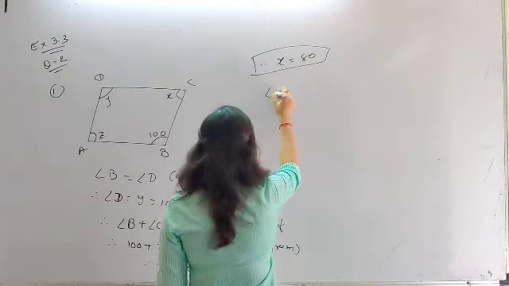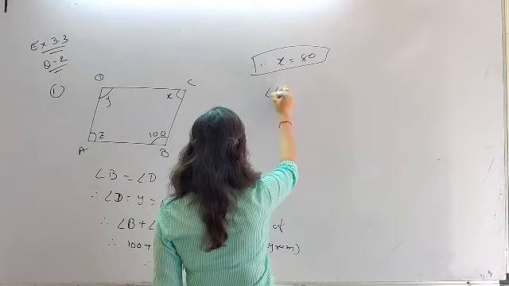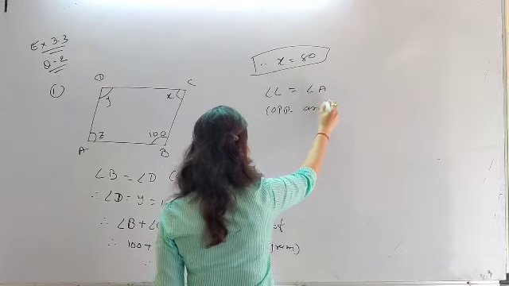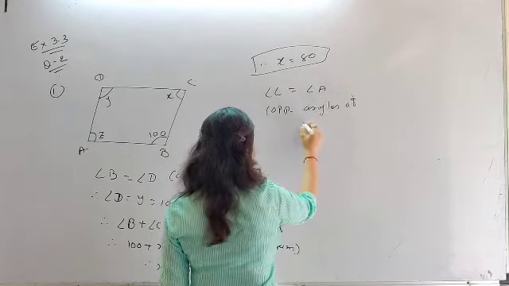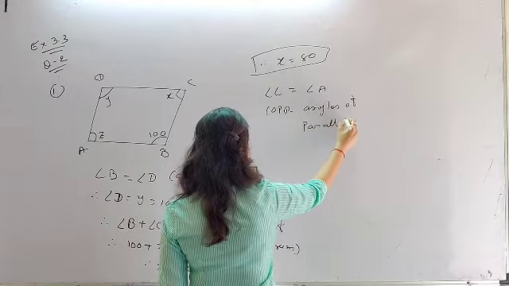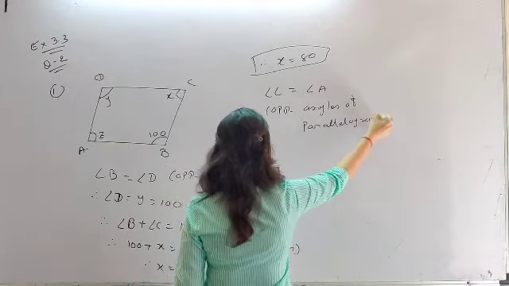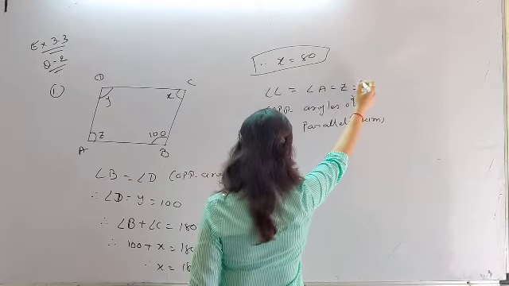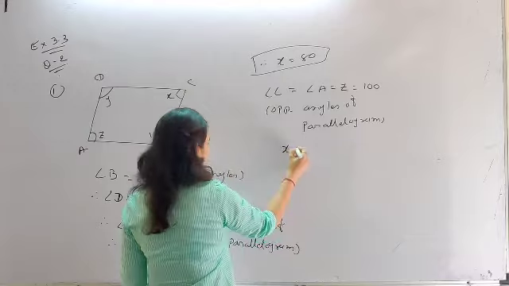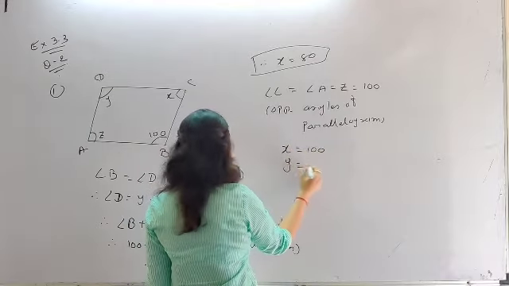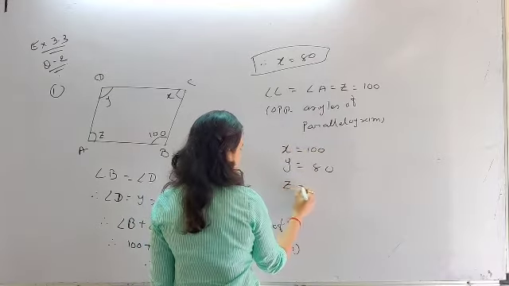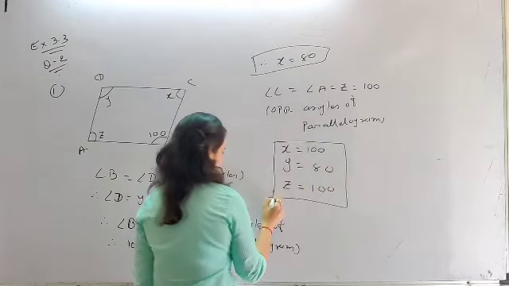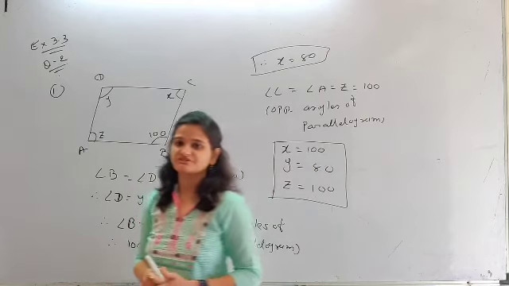Then angle C is same as angle A. Again, opposite angles of a parallelogram are equal. So angle A is equal to z, which is equal to 100. So x is equal to 80, y is equal to 100, and z is equal to 100. Copy this.